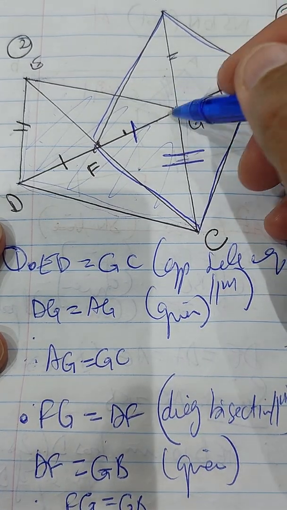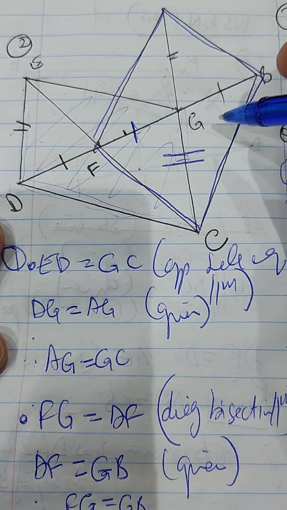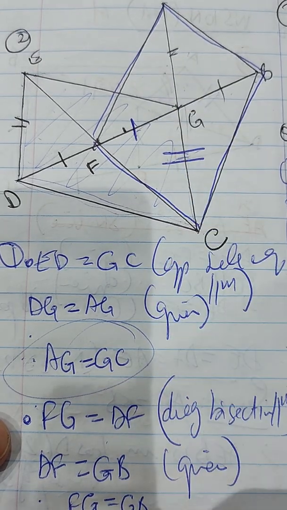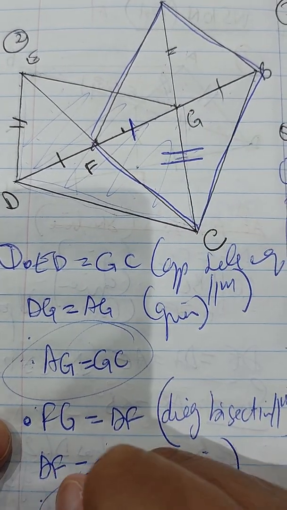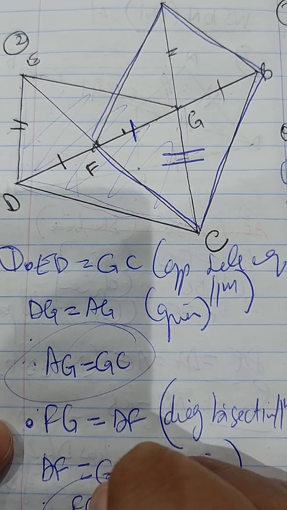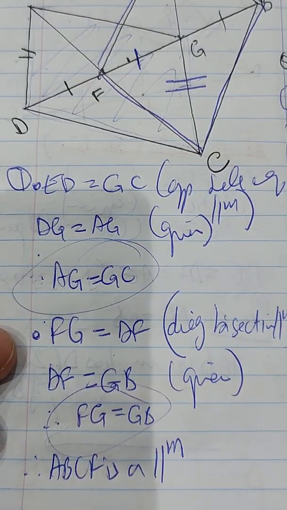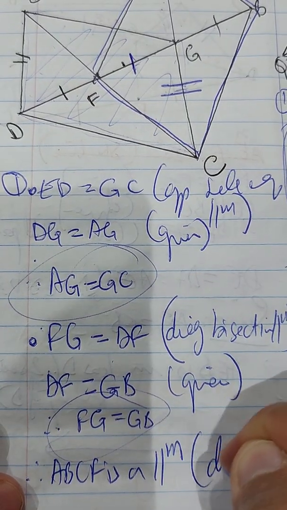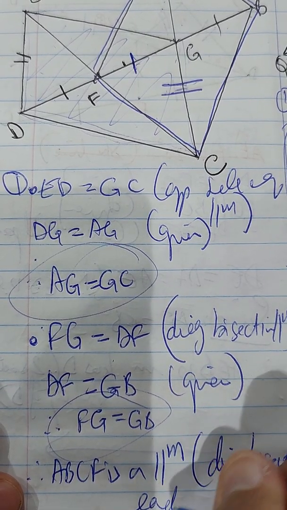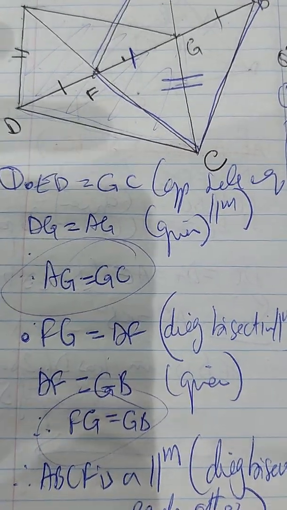Proven. So you see now that is equal and that is equal. Since those lengths are equal and these lengths are equal, therefore ABCF is a parallelogram. Why? Because the diagonals bisect each other. Okay, therefore it's a parallelogram.